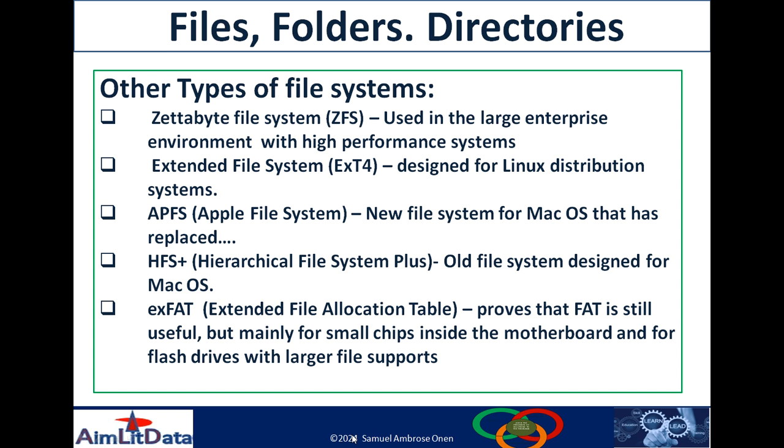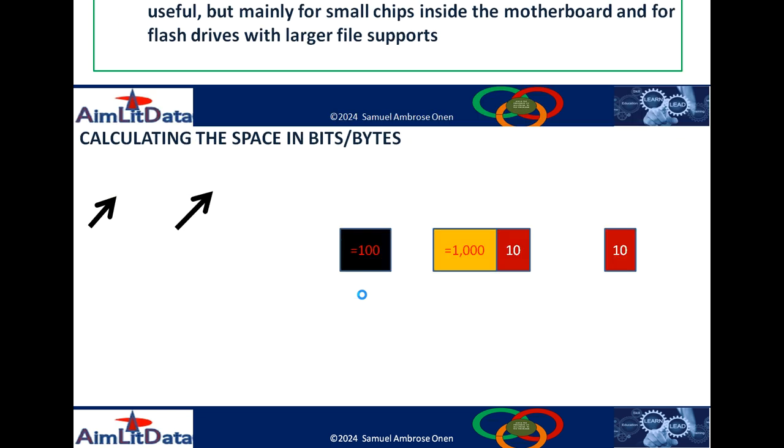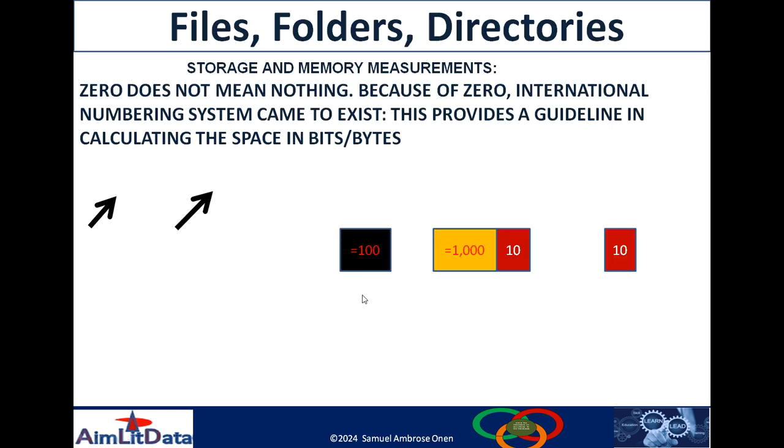This proves that FAT is still useful, but mainly for small chips inside the motherboard and for flash drives, with larger file support. So that's basically the recap for the file systems, in addition to the NTFS and FAT32 that we have seen previously. So next, we are going to have a look at the file folders and directories.